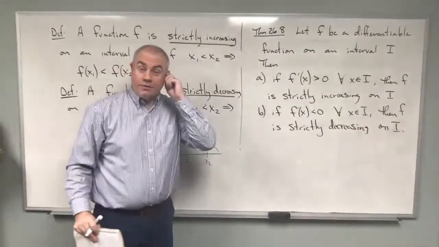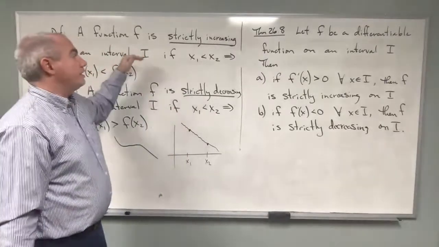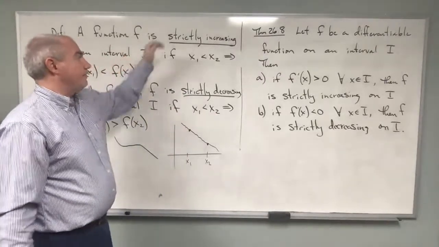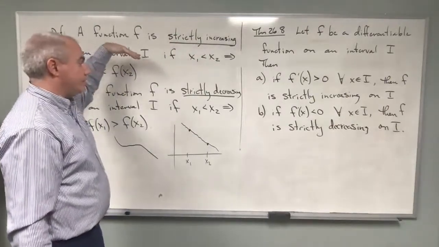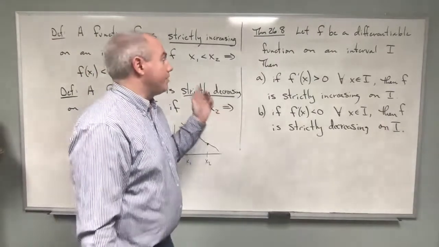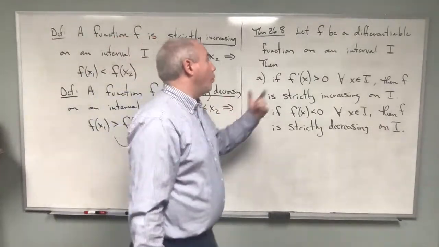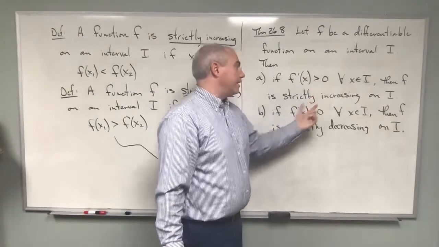Okay, so this gives us another way of thinking about being strictly increasing, or if you'd like to think of it from left to right going up, or strictly decreasing, or from left to right going down. Another way of thinking about that is saying, oh, well, if the derivative is positive everywhere, it's strictly increasing.